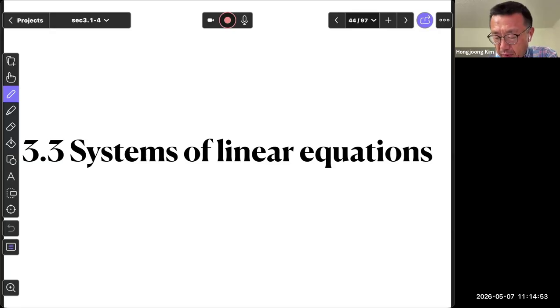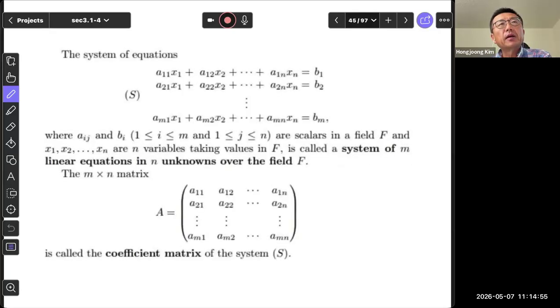Now let's go to section 3. When I have many equations, then we say we have a system of equations.